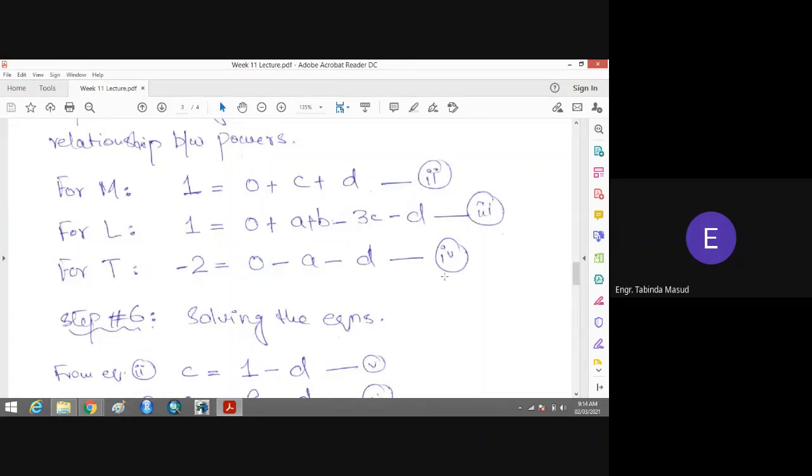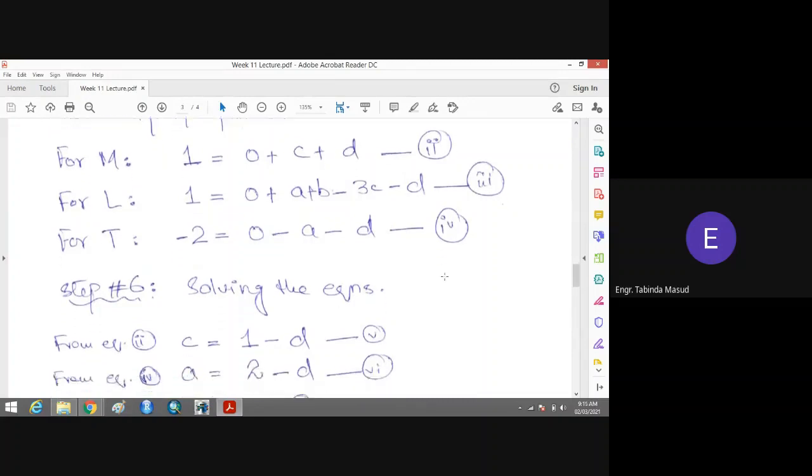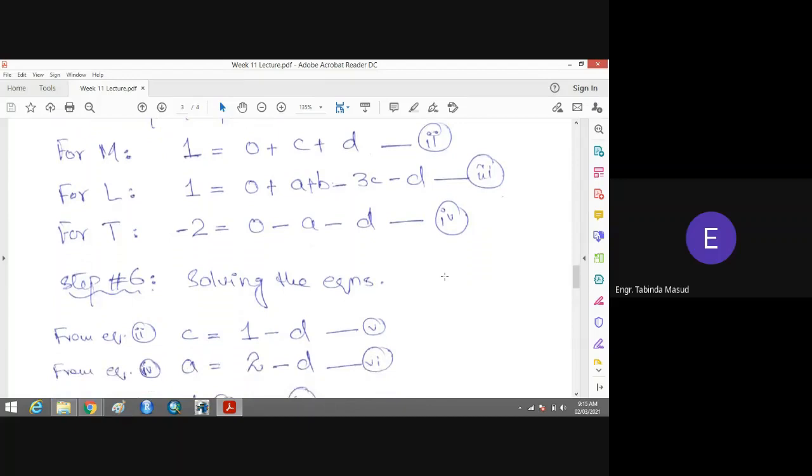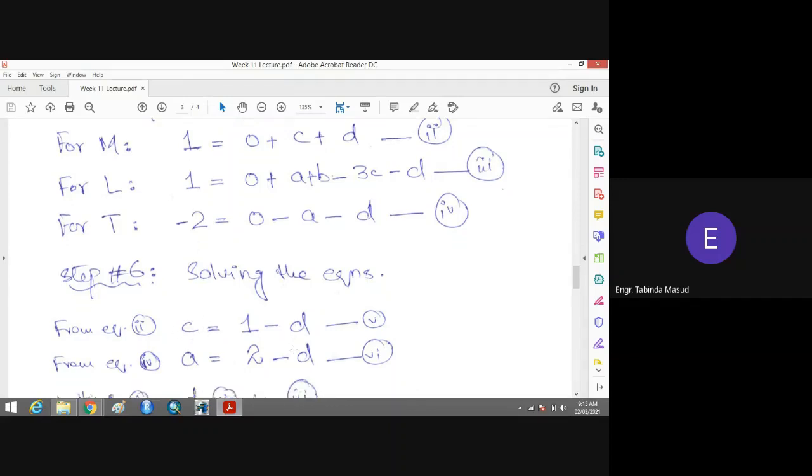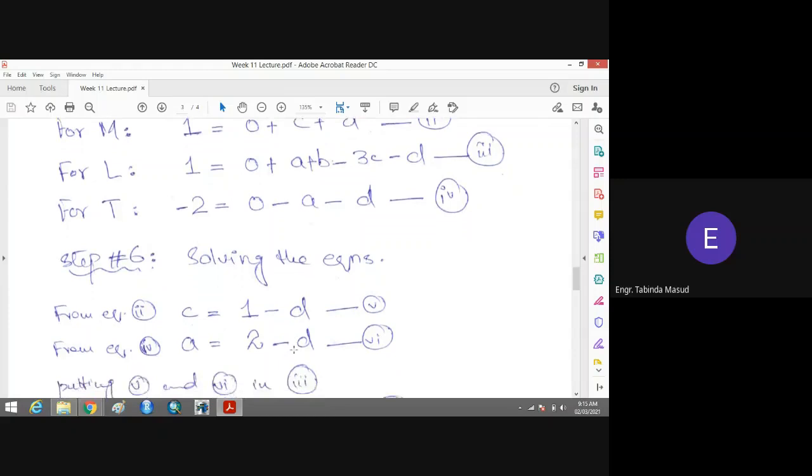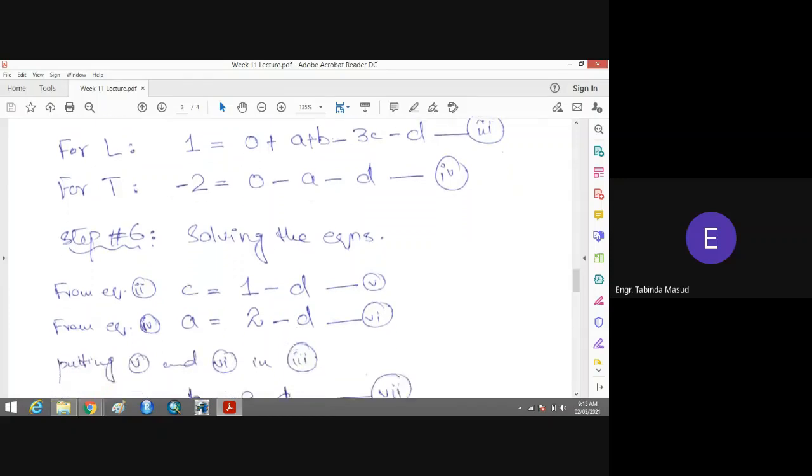Now in step number 6, we will solve these equations to get the value of the powers. From equation number 2, you can get the value of, let's suppose, C. C is equal to 1 minus D. So I have got the value of C in terms of D. Now you will get the value of A and B in terms of D also.